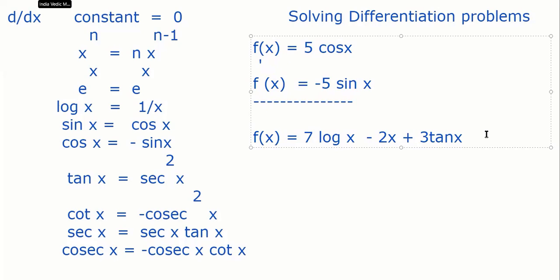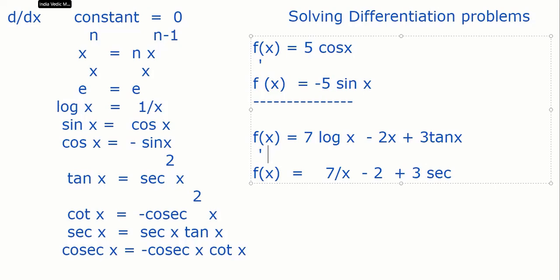These are very simple ones. So my f dash x will be, first we do 7 log x. 7 is a constant. What is the differentiation of log x? Log x is 1 by x. What is the differentiation of 2x? Just 2. What is the differentiation of 3 tan x? The differentiation of tan x is secant square x. So secant square x, this is to build your basic concept.